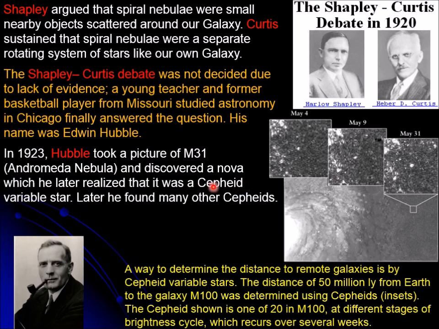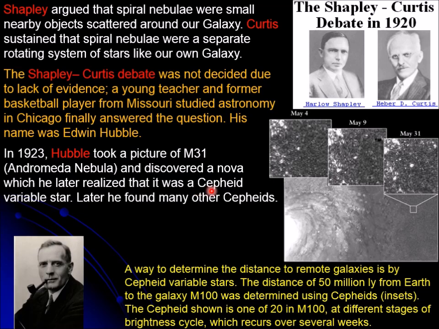By knowing the period, you could find the absolute luminosity of the object. And if you have the absolute brightness and the apparent brightness, of course, you can calculate the distance. So Hubble did that for what he had seen in the Andromeda Nebula, and found the distance of those objects, and it turned out that the distance was just too large to be inside our galaxy. So he concluded that those objects were in a different galaxy outside our own, and that settled the debate.